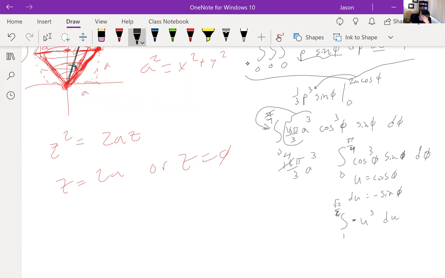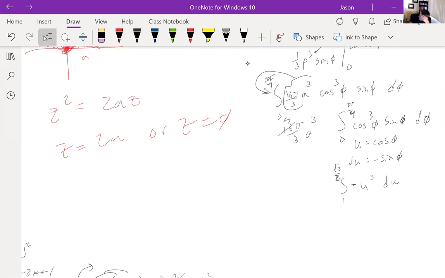This is a negative. Okay, so then this becomes negative 1/4 u to the 4th from 1 to radical 2 over 2.